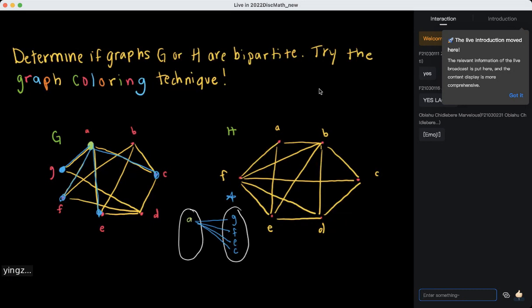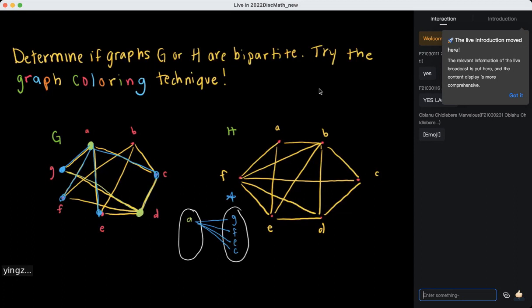So now what I do is I say, if I have a vertex connected to a blue vertex, then that must be green. So looking at, for instance, G is connected to D. So I'm going to color that green. And then I have to look at D and say, okay, is D, that is green, only connected to blue vertices?